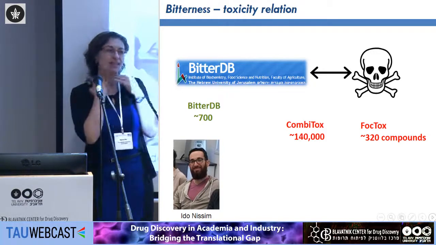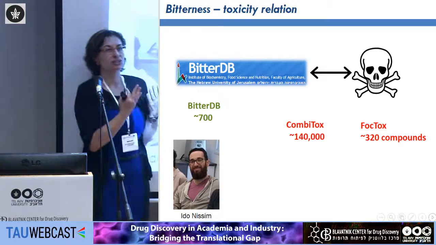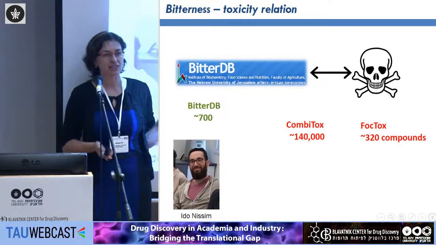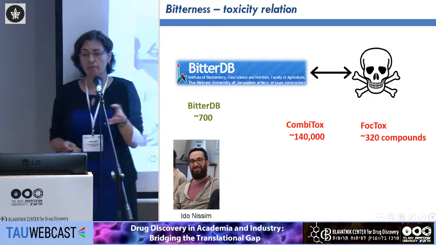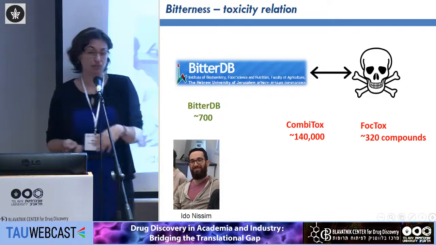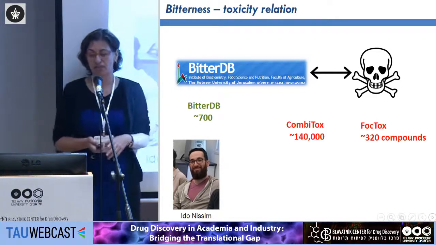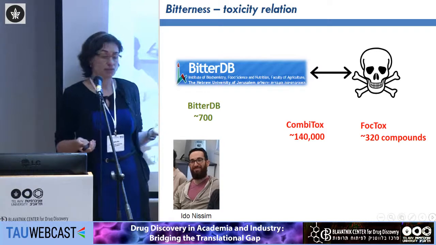Because the whole idea is that it's supposed to do something with oral and acute, and that's how bitter taste should protect us from consuming these poisons. There were only 10 compounds that were common to the BitterDB and to the focused toxic data set, but that's maybe because we don't know the taste of some of the compounds.